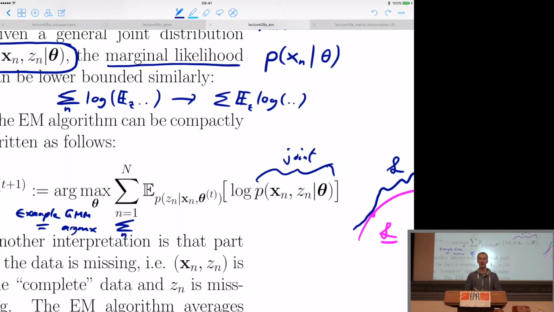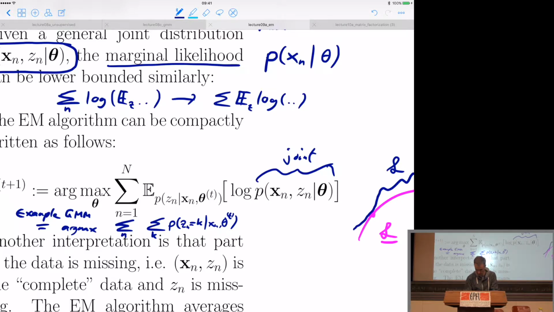So now we're going to average over all possible values of Z. So now we're in a special case again. We want to study this special case when Z can only be K different things. And then this expectation here is very similar, very easy. It's the sum over K. So P of Zn being K. So if it has only K possibilities, then this expectation is defined exactly like that.